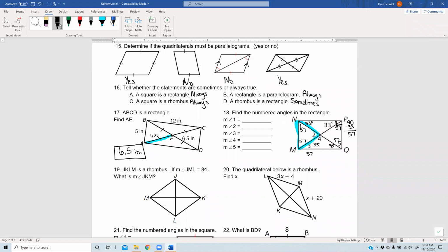So 57 plus 57 is going to be 114. Subtract that from 180. And we get 66. So this is 66. And then these are congruent angles, so this one's got to be 66.